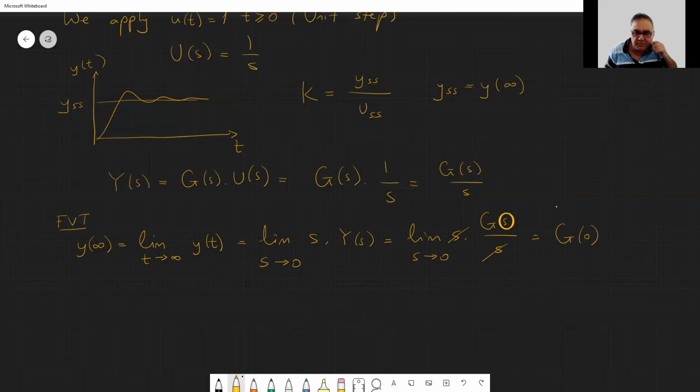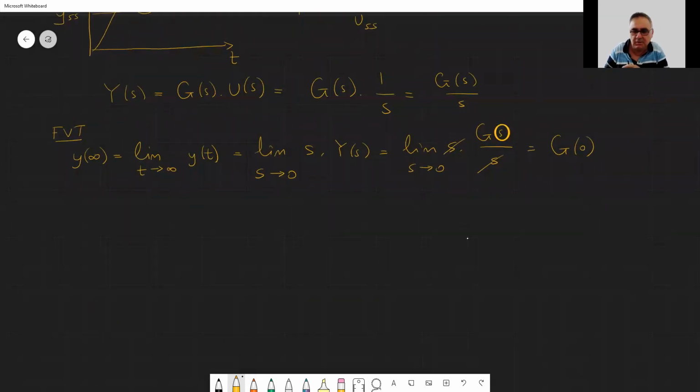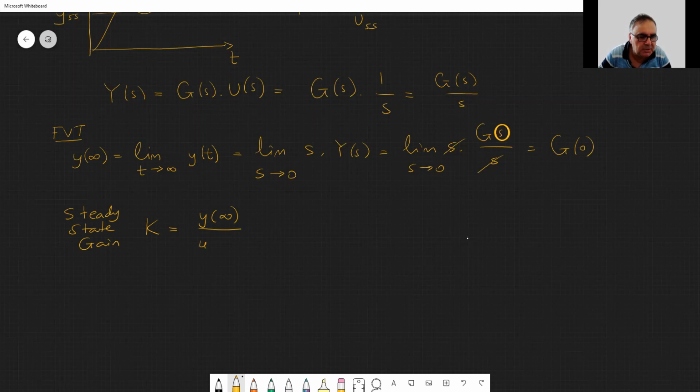So y at infinity is g of 0, but this is also the steady state gain k, which is equal to y at infinity divided by u at infinity.